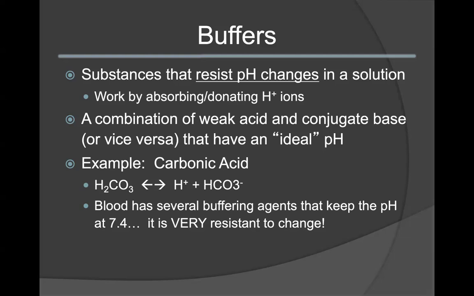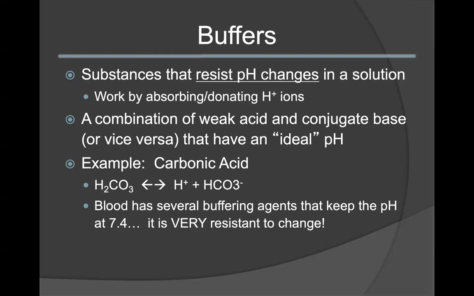So carbonic acid as a buffer will be driven towards the left. Those excess protons are going to be absorbed by the bicarbonate ion, and I am going to form H2CO3, or carbonic acid. In doing so, I'm going to take away those hydrogen ions from the solution, and as a result, my pH is going to start increasing and going back up.